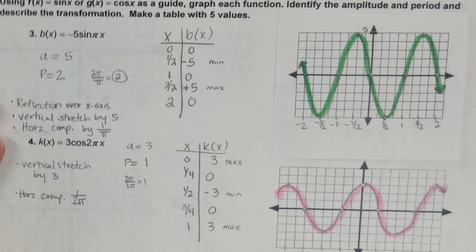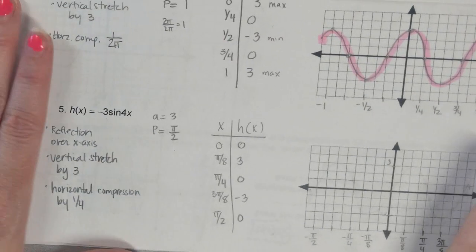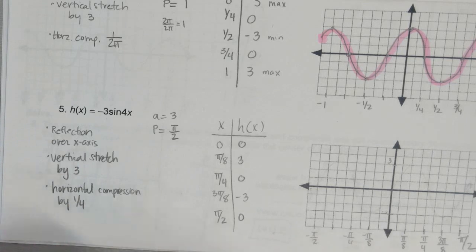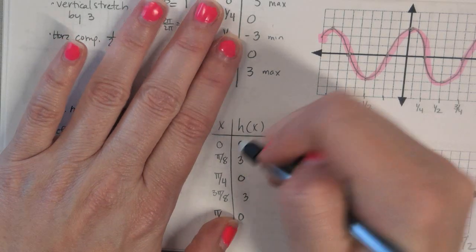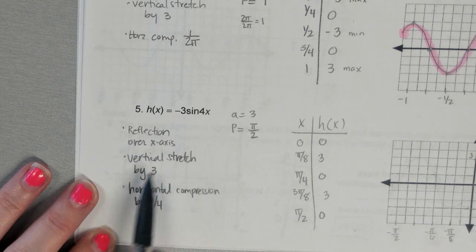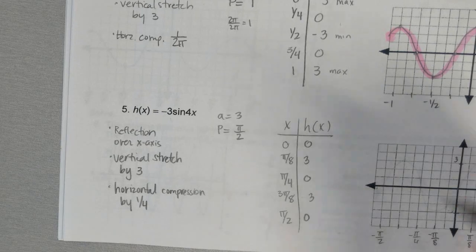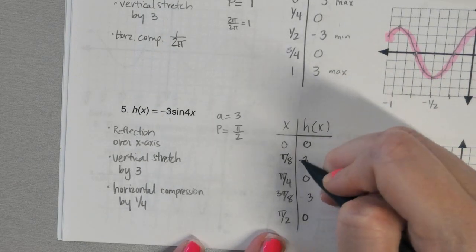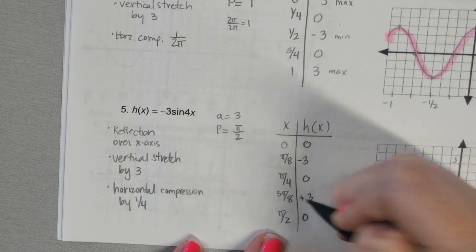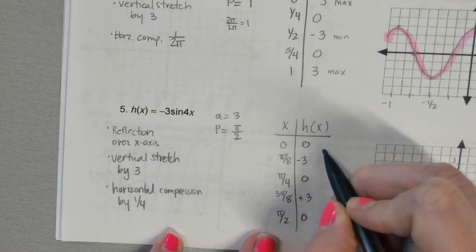Alright, and then for number 5, let's graph that one together as well. Okay, so there's a reflection over the x-axis, a vertical stretch by 3, a horizontal compression by 1/4. So when we're doing this, this is sine, so it starts at 0, 0.